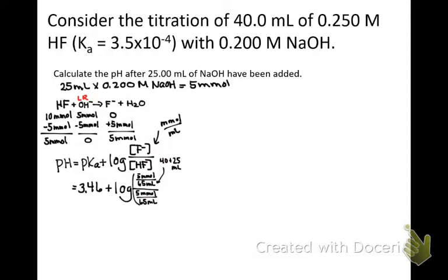Okay, put all that together, and oh look, overall that equals 1. The log of 1 is 0, and so here the pH equals 3.46, which is also the pKa. Alrighty, so analyzing this a little bit, it turns out that because we have added half as much OH minus as the HF we started with, this is called the half equivalence point.